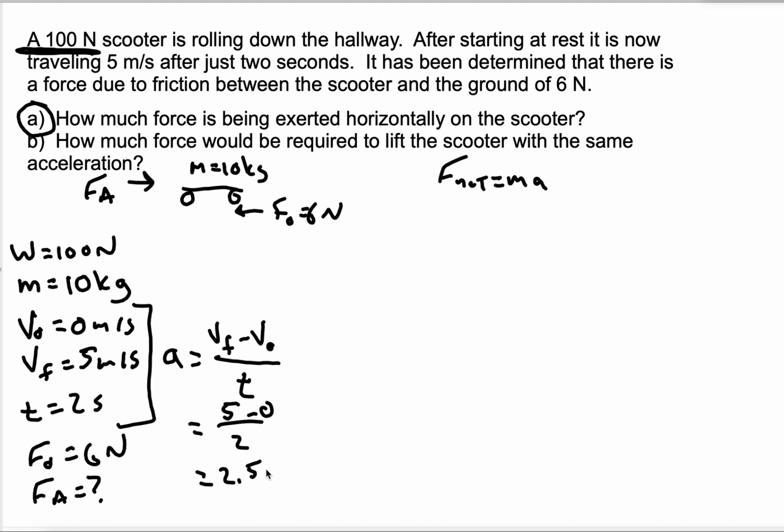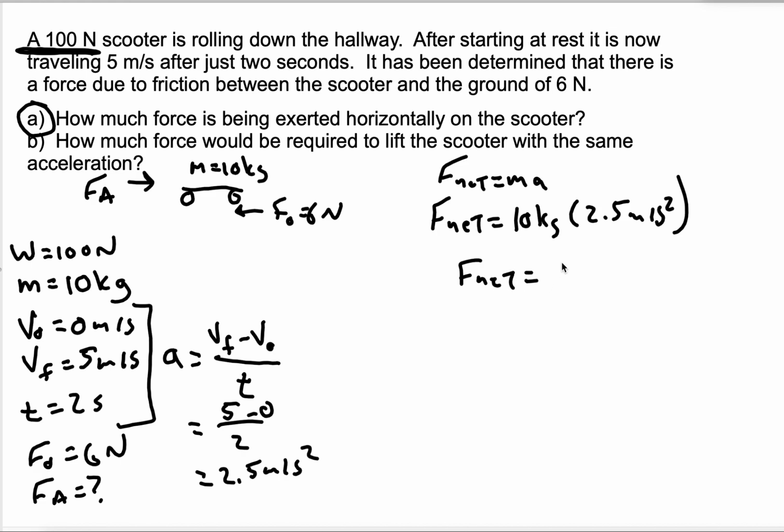The acceleration will end up being 2.5 meters per second squared. So now, if I want to figure out the net force, that would be the mass, which is 10 kilograms, times the acceleration, which is 2.5 meters per second squared. Then the net force is going to end up being 25 newtons.